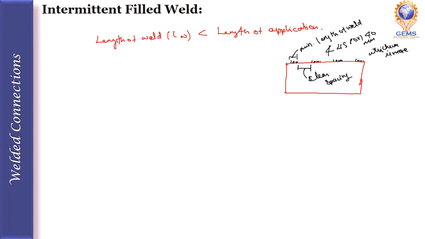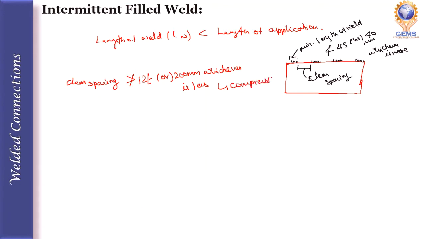This clear spacing, not spanning, it is a spacing, clear spacing, should not be greater than 12t or 200 mm, whichever is less, if it is in compression.